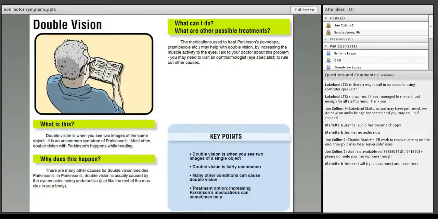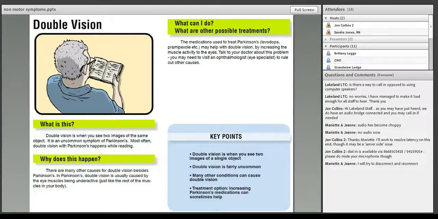Things like scatter rugs in homes, anything that they might trip over, those kinds of things have to be addressed. Increasing the Parkinson's medications can sometimes help, and because double vision can be caused by all kinds of things, it's important to rule out any other reasons why they may be having double vision.